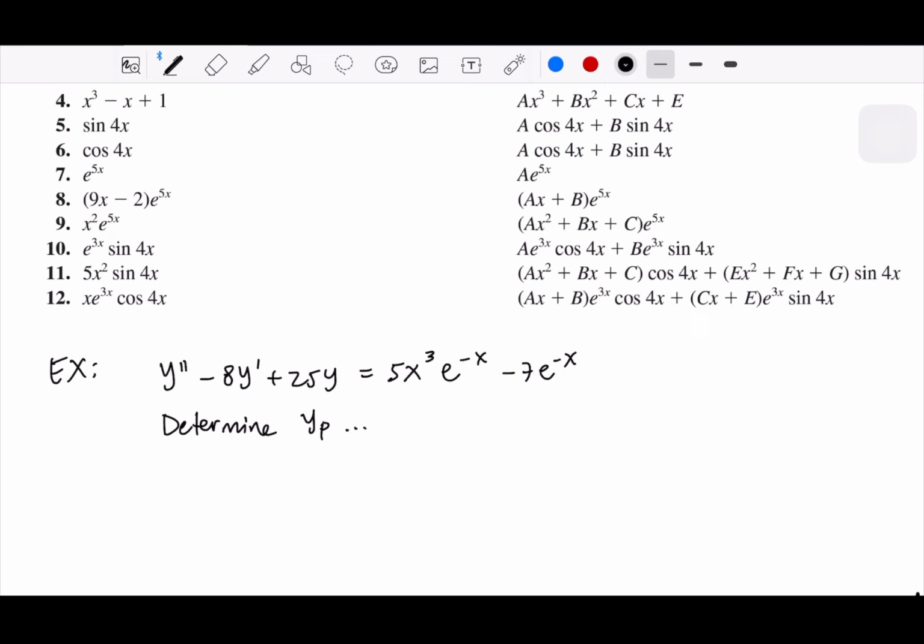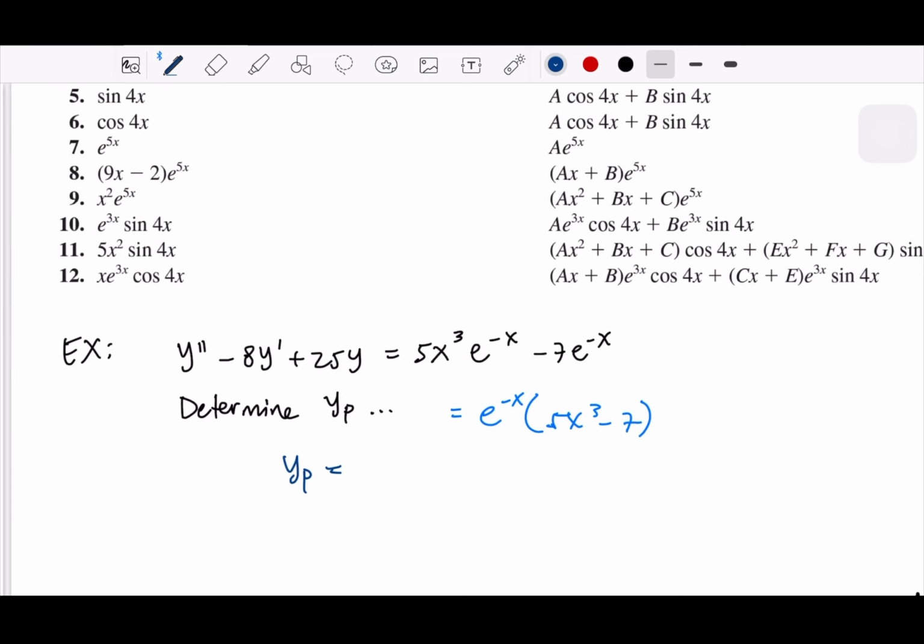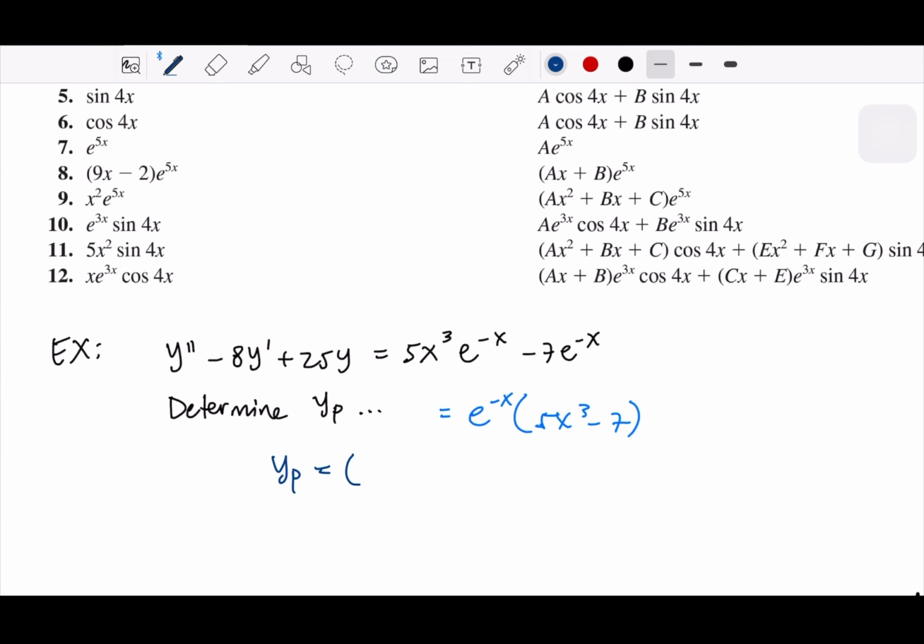Because we have e and e the same factor, we can write this and maybe factorize first, so we can propose yp is ax cubed plus bx squared plus cx plus d, and then e with power of negative x.